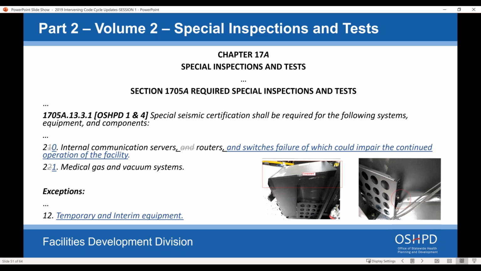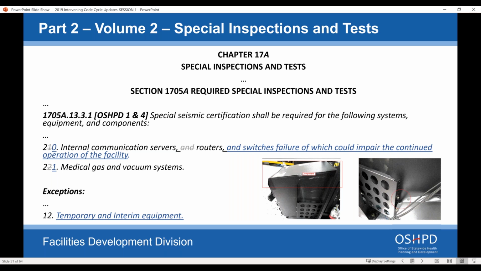Yeah, and then the other change for special seismic certifying was made for servers and routers and also switches, because now a lot of the hospital functions are being controlled by computers. Your doors, your lights, operating tables, a lot of these are computer controlled, and these are dependent on your servers, routers, and medical data, etc., and a lot of encryption stored.